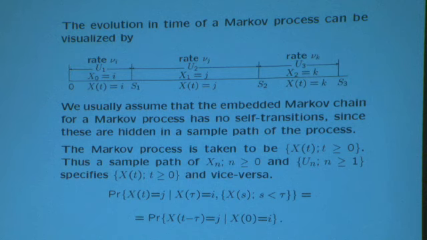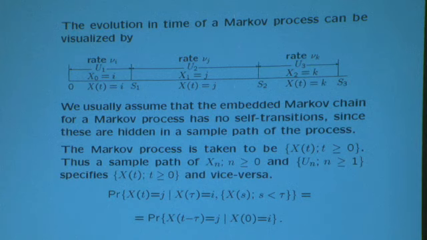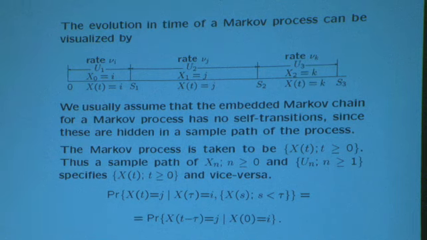What I'm doing is saying x of t at this instant of time here, given x of t at some previous time here, the state here, given the state here, is independent of everything in the past. So what else am I using there?